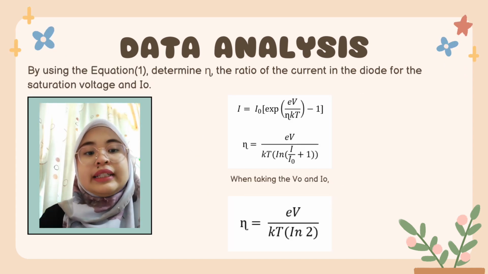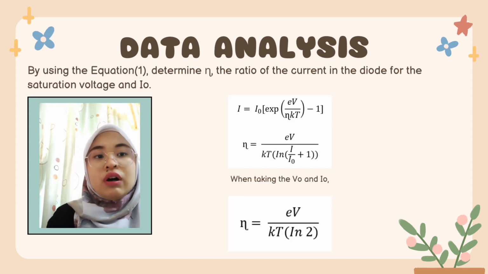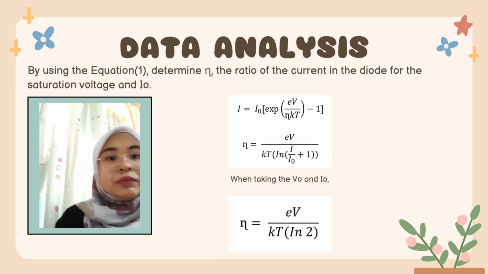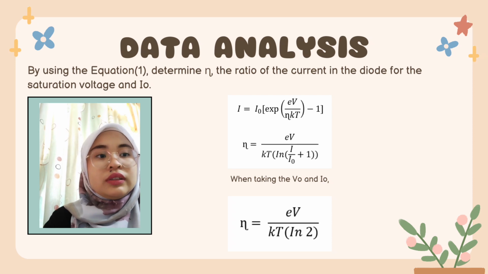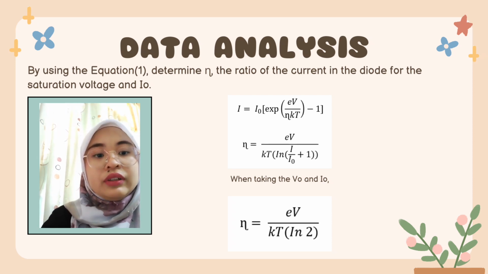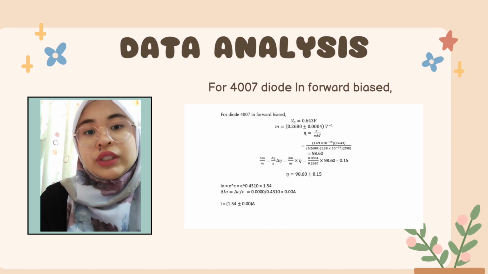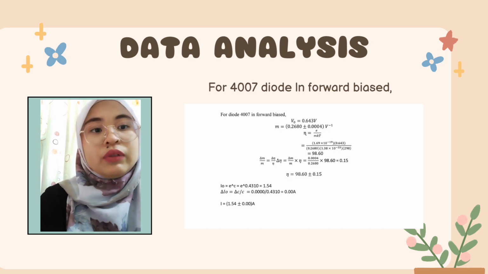When we want to calculate the n, which is the ideality ratio of current in the diode for the experiment, we use the equation in this slide. Taking V0 and I0, n equals eV/(kT ln 2). The first one is for the 4007 diode in forward bias.